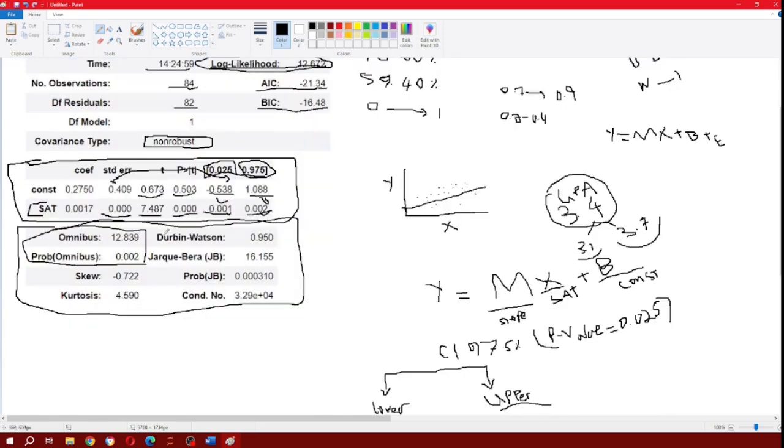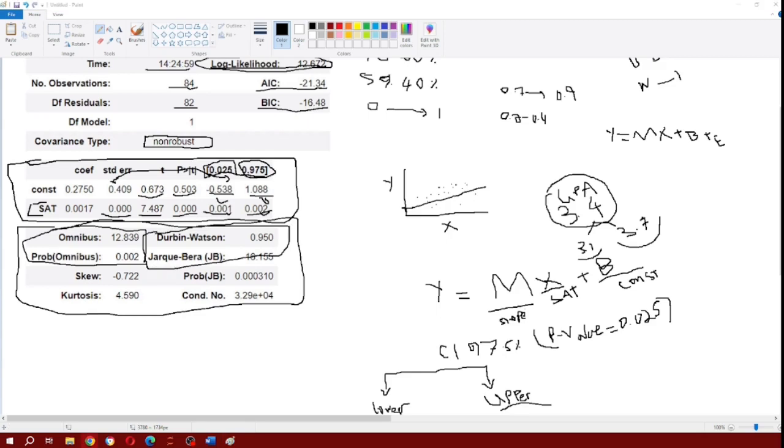The second one is Durbin-Watson. The Durbin-Watson is a test statistic used in statistics to detect autocorrelation in the residuals from regression analysis. So we're looking for autocorrelation. As I said earlier, we want to make sure that the variables are not autocorrelated.